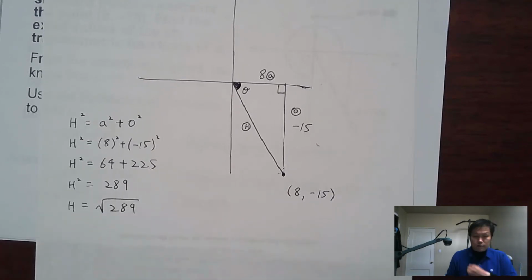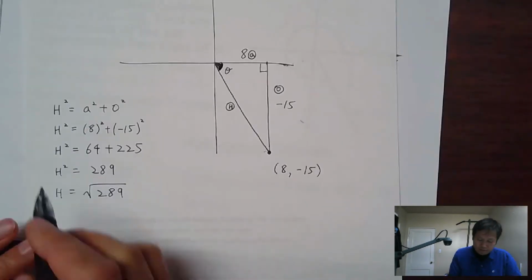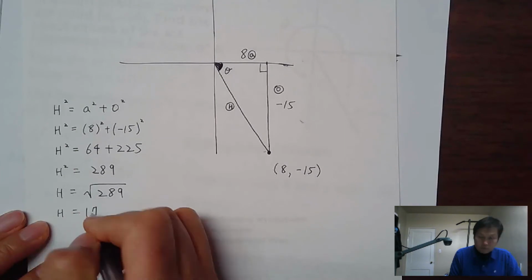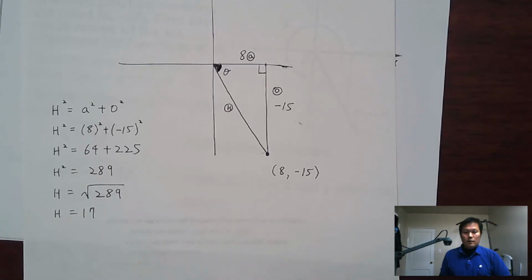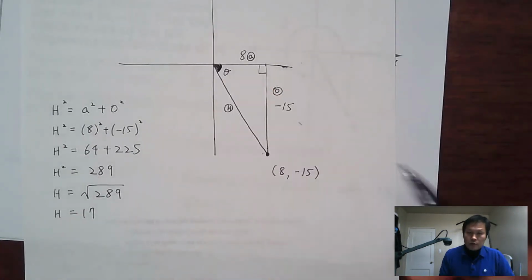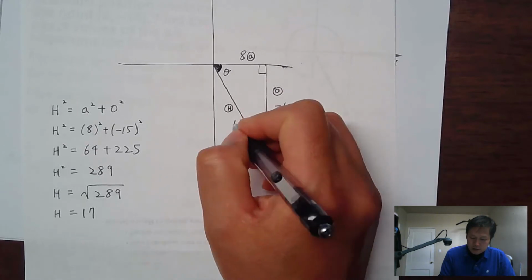The square root of 289, if you use your calculator, becomes 17.